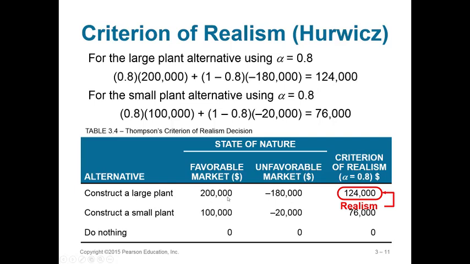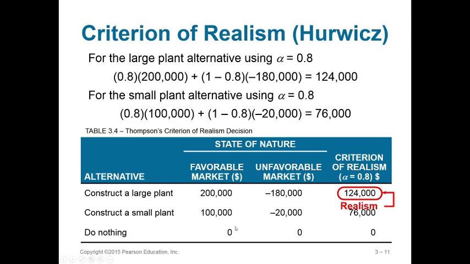So this is 160 because 200,000 times 0.8 is 160,000, and 0.2 times 180,000 negative would be negative 36,000. So 160,000 minus 36,000 gives you 124,000.